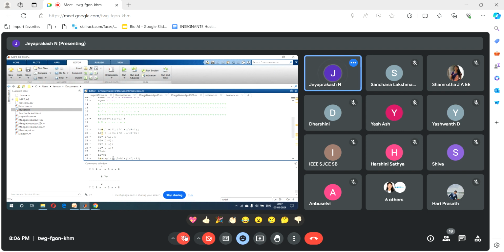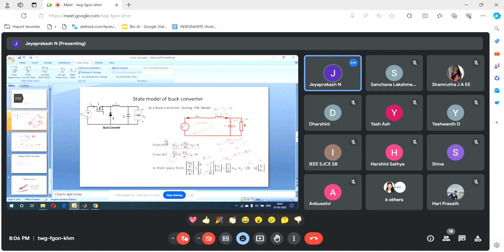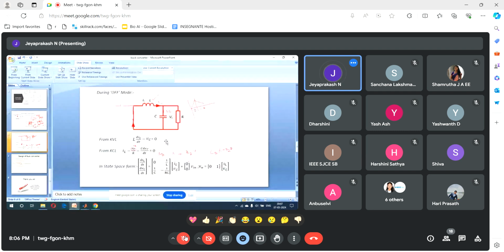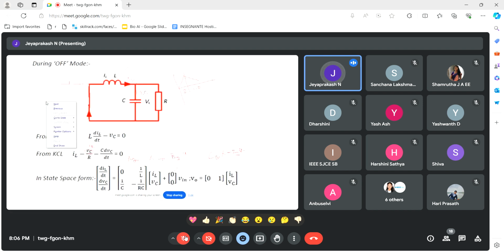Now I am going to combine these two modes. During the switch on period the inductor will be charging, and during the switch off period the inductor will be discharging.